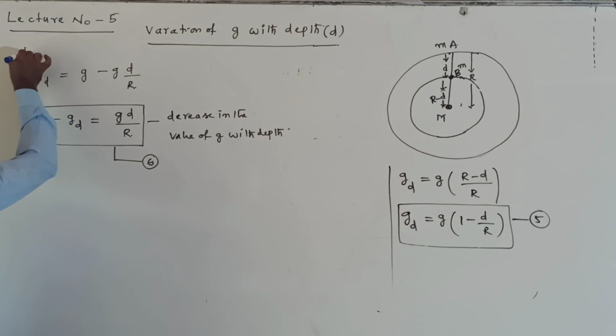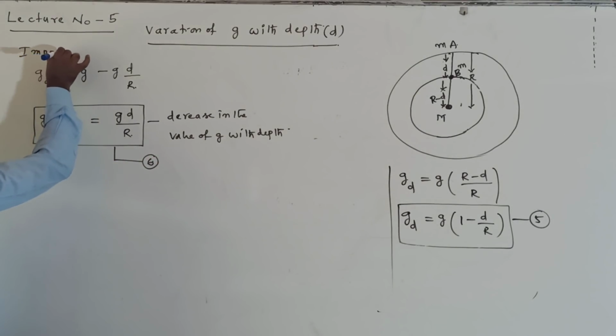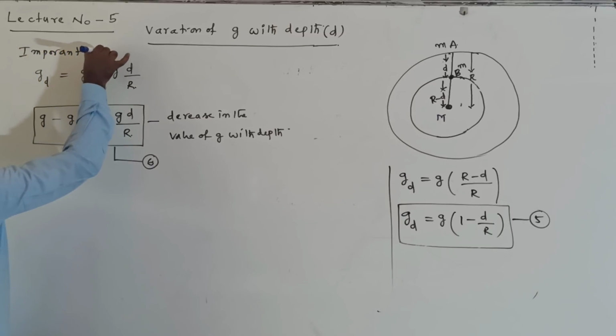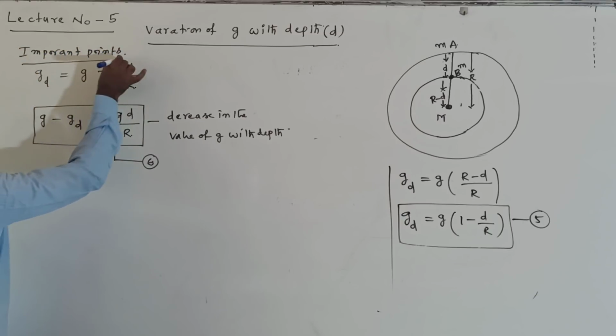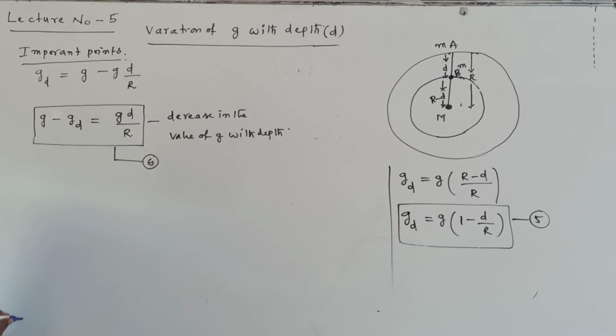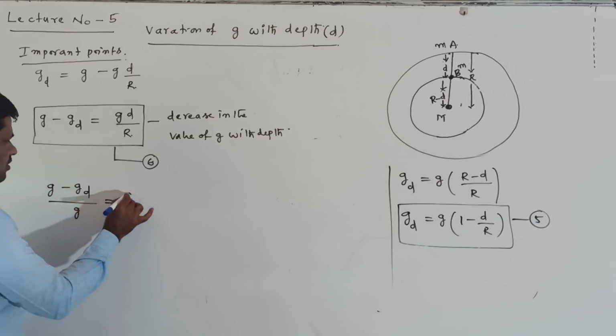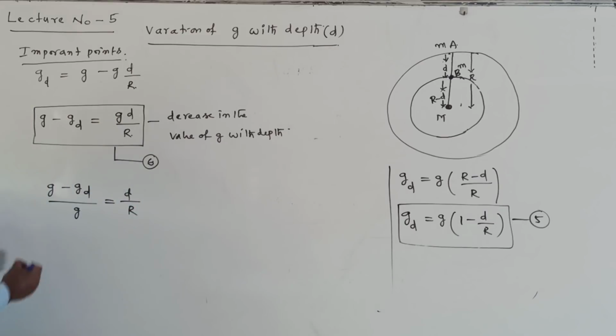These are called the important points regarding competitive examinations. From equation 5, next I am making g minus gd by g is equal to d by r.